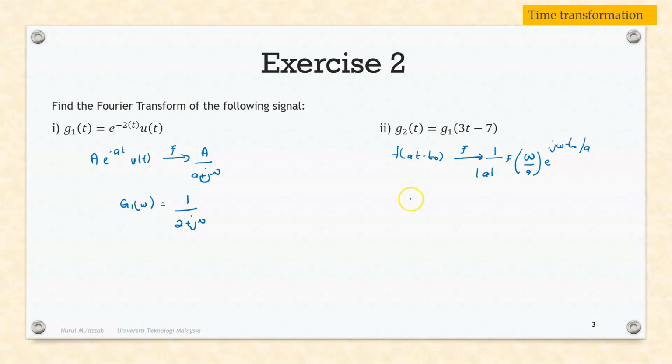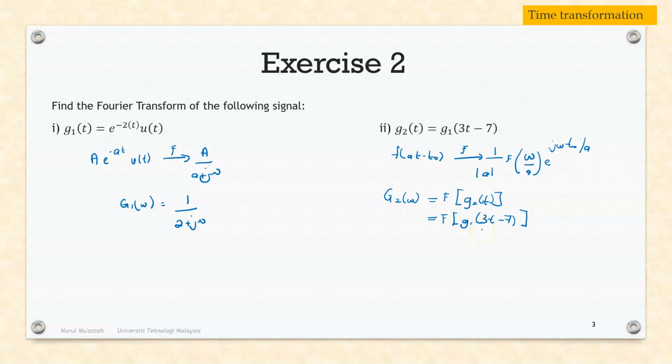For this example, f here is actually g1, so we use the answer above. G2(omega) is the Fourier transform of g2(t), which is the Fourier transform of g1(3t - 7).